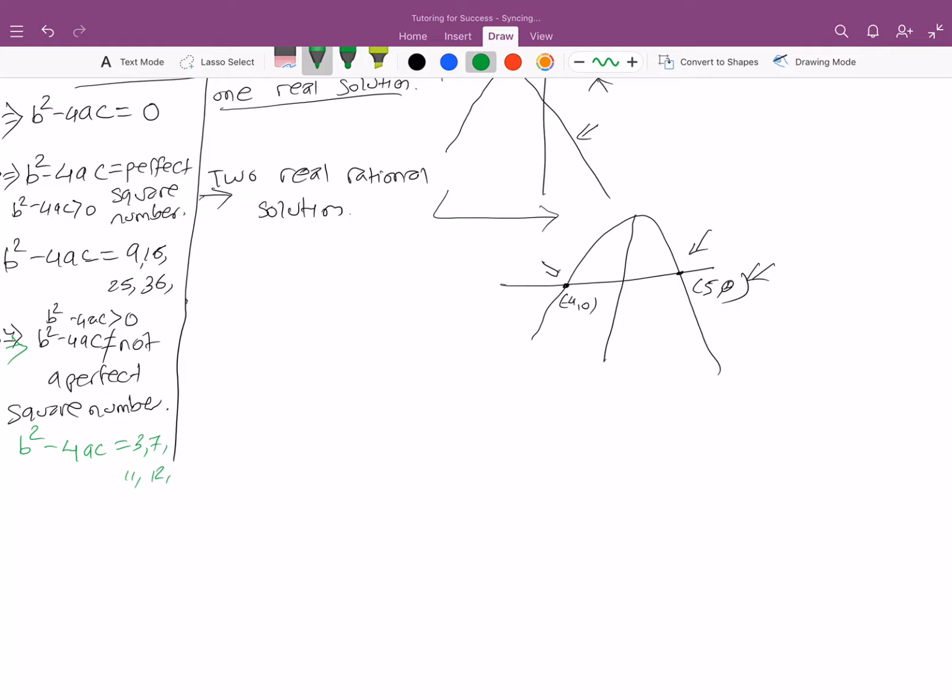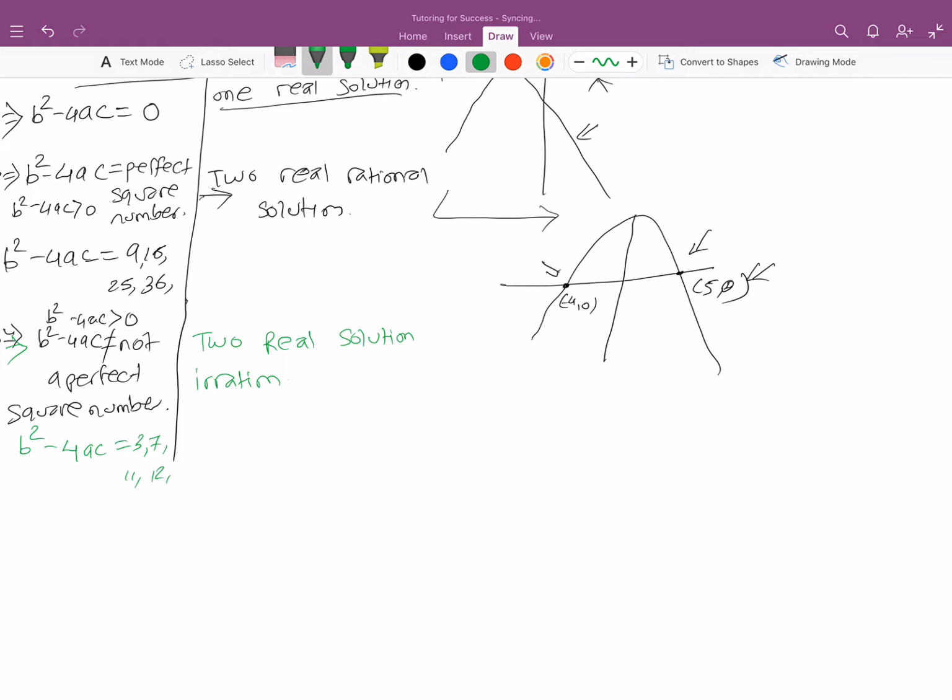So what do we know now? We know this rule tells us this also has two real solutions, and they are irrational. Two real irrational solutions.